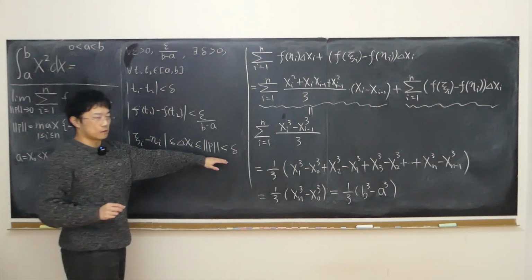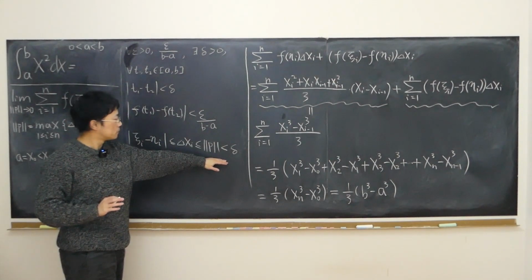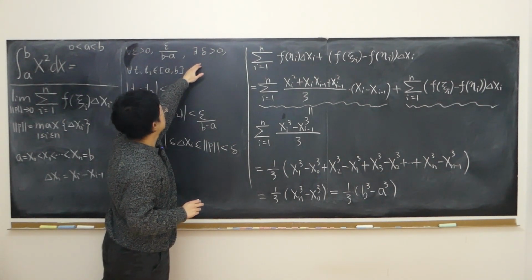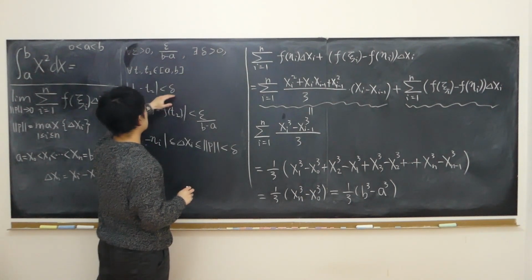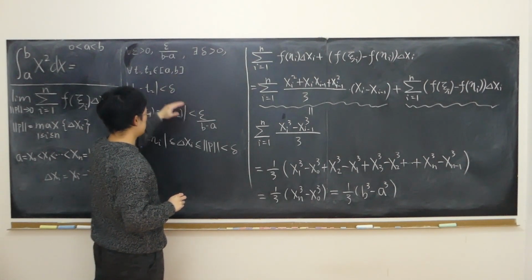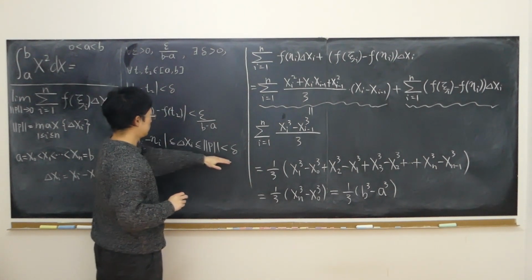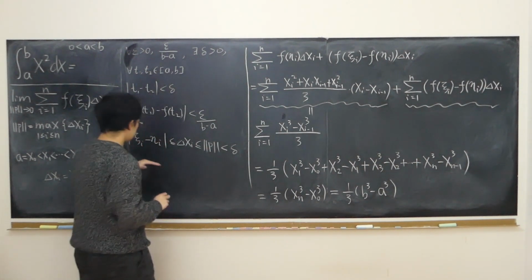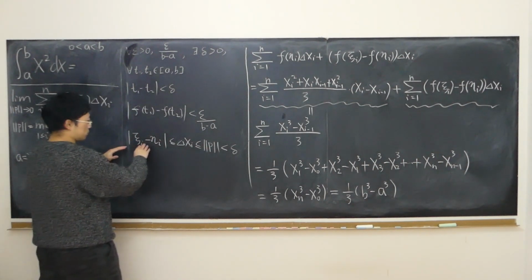Of course, this is totally achievable, right? Because delta is what we found using the property of uniform continuity. The delta definitely exists. Using this fixed delta, we just let the norm of the partition be small enough, right? So this is even smaller than the norm.